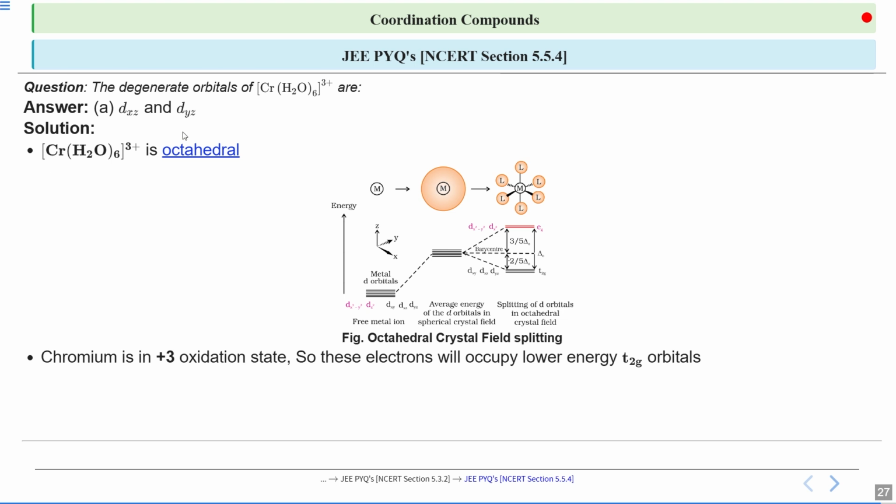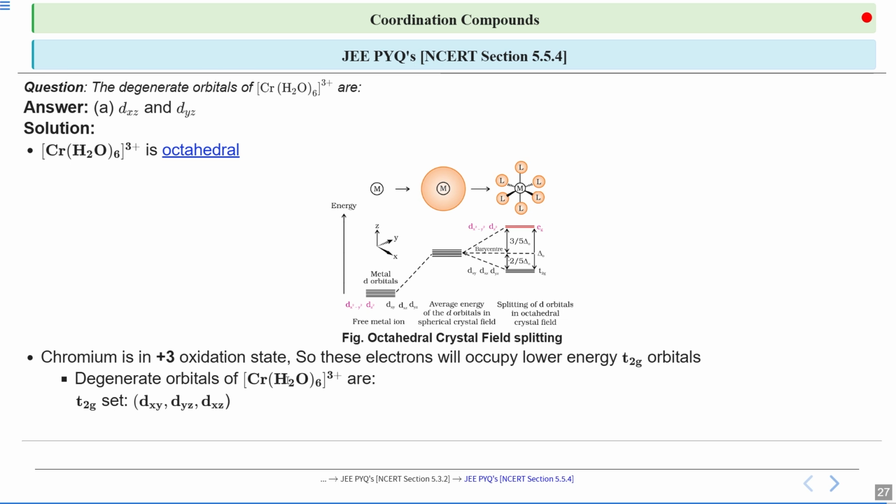Chromium in the +3 oxidation state means its electronic configuration becomes [Ar] 3d3. So these 3 electrons will occupy the lower energy t2g orbitals, one by one.